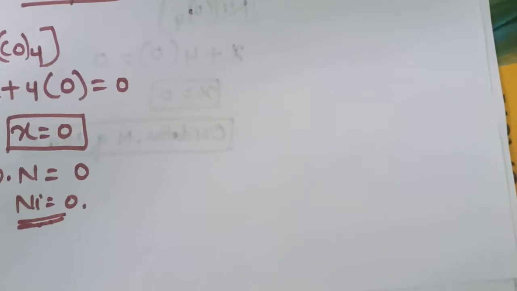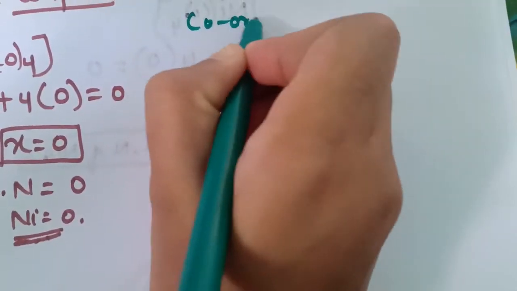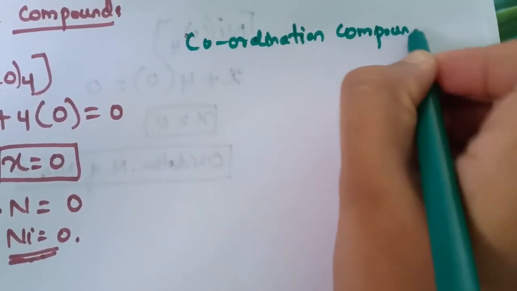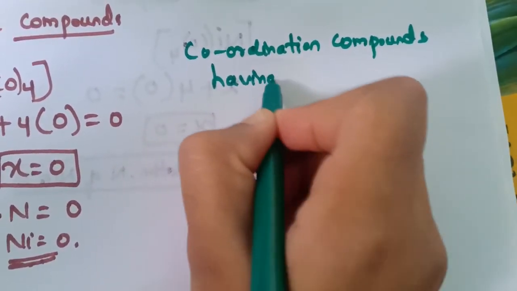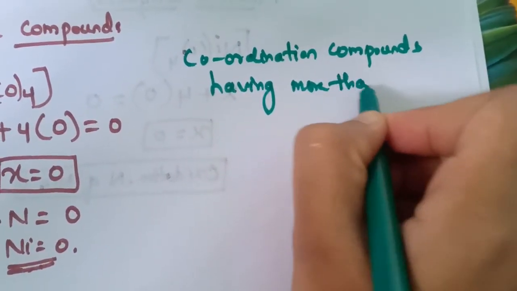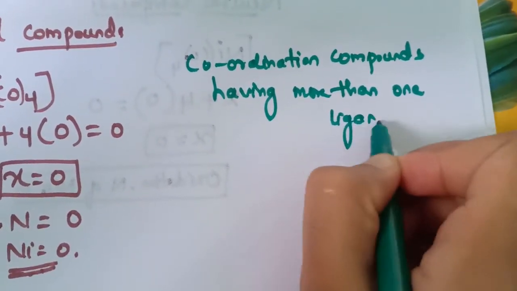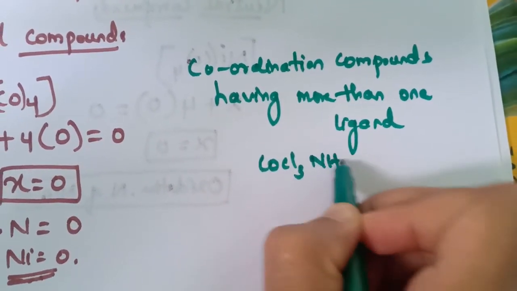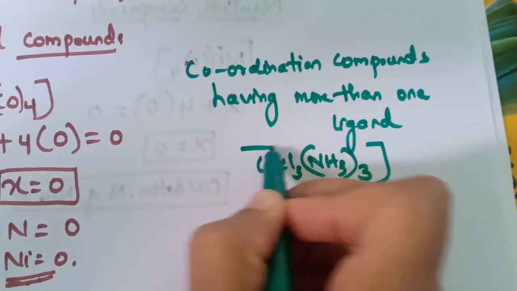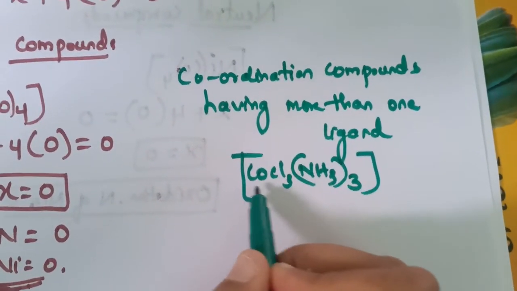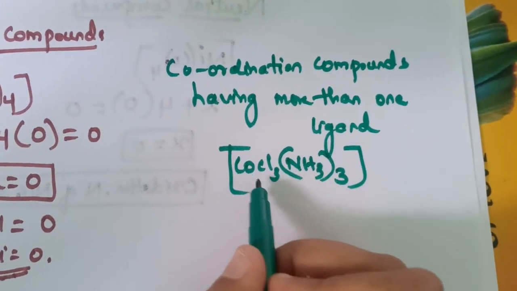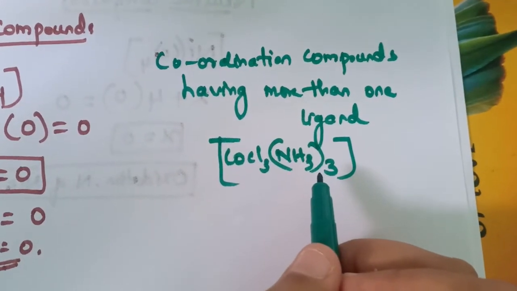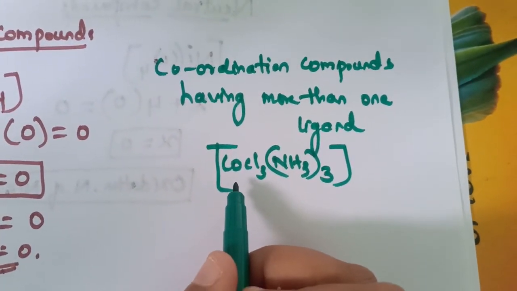Now for coordination compounds having more than one ligand, Co(Cl)3(NH3)3. See, here the central metal atom has more than one ligand. Cl3 is one ligand and NH3 thrice is another ligand. So here we can calculate the oxidation number for the central metal atom.